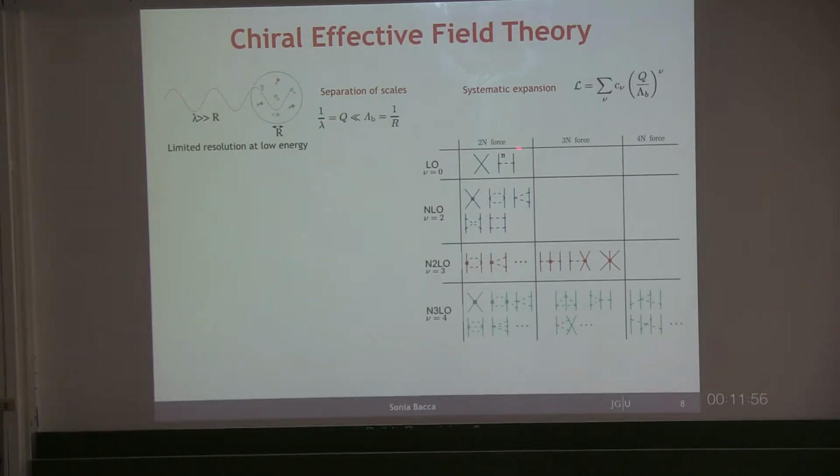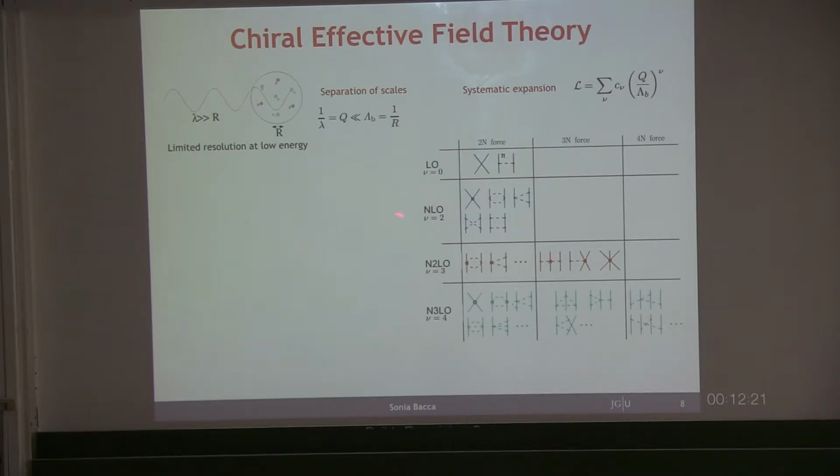So, for example, if you look at the leading order, we see it here. The lines are the nucleons, the dashed lines are the pions. We see again our 1 pion exchange, but then we also have a contact term. This is the case where the 2 nucleons are basically on top of each other. That contains information about high energy physics, which is not given by the chiral symmetry directly.